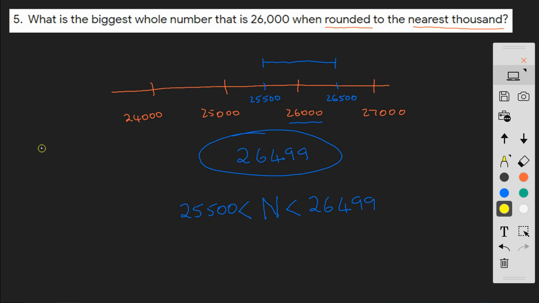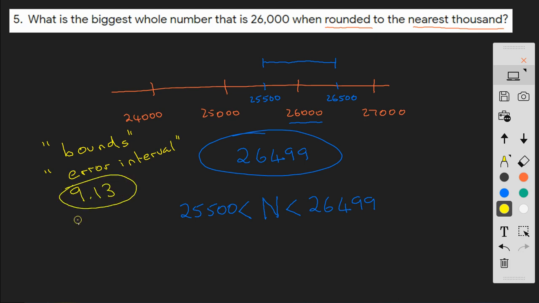And so the sort of topics that we're talking about here are bounds, the bound, or the interval, and a really good nugget for you to look at here is 9.13.